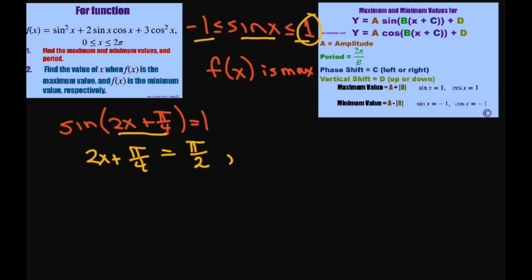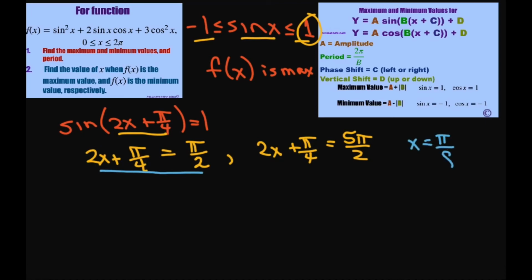Or you could say 2x plus pi divided by 4 equals 5 pi divided by 2. So when you solve for x here, you're going to have x equals pi divided by 8. And for this one, you subtract the pi over 4 and divide by 2, you're going to get x equals 9 pi divided by 8.